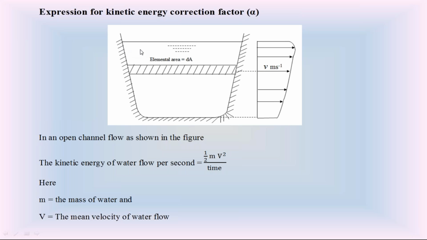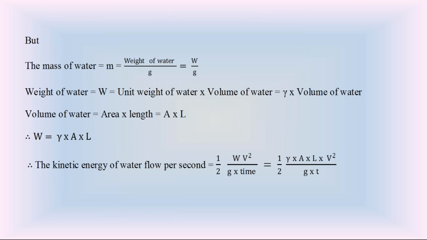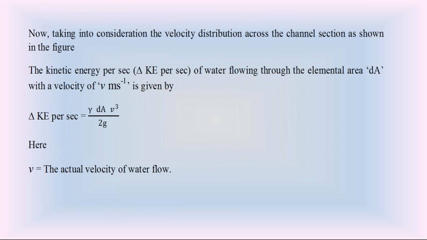Like that, every water layer in this open channel has actual kinetic energy per second. If I sum up all those actual kinetic energies of water layers, I will get the total actual kinetic energy per second of the entire water flow in the open channel.